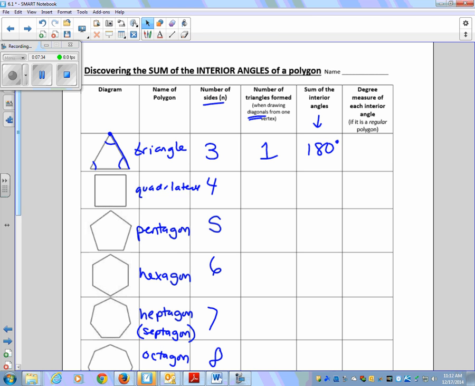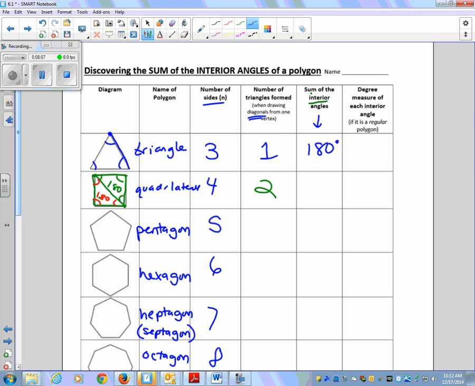But let's look at quadrilateral. From one vertex, I draw a diagonal. How many triangles are formed? 2. Well, if we want the sum of the interior angles of this quadrilateral, we could use the fact that these 3 angles add up to 180, and these 3 angles add up to 180.